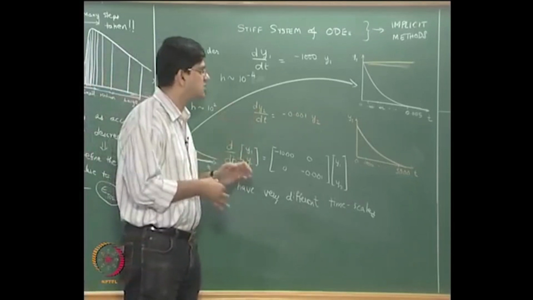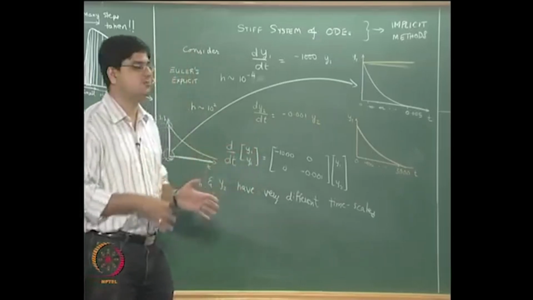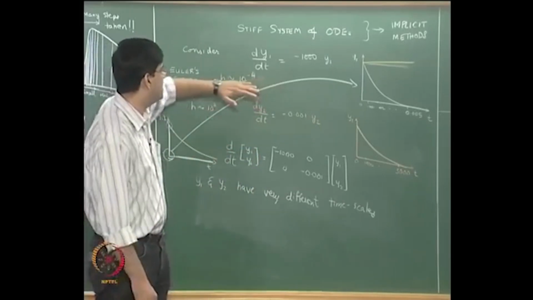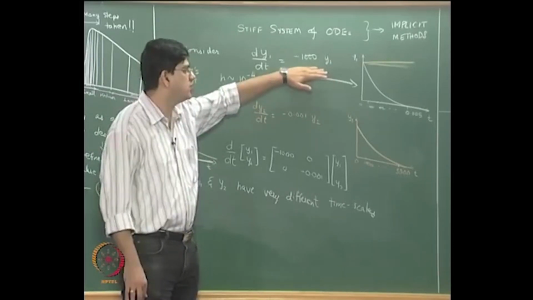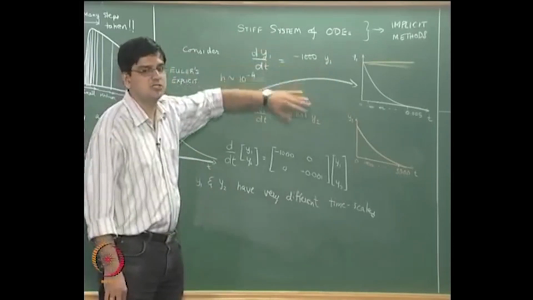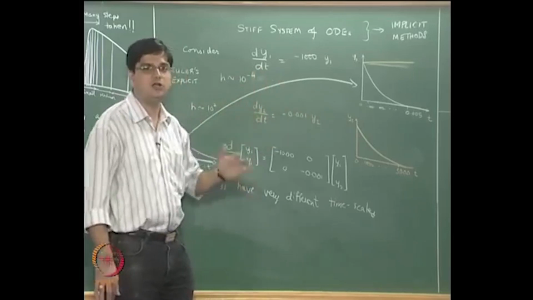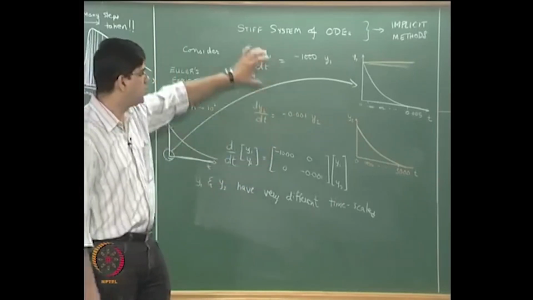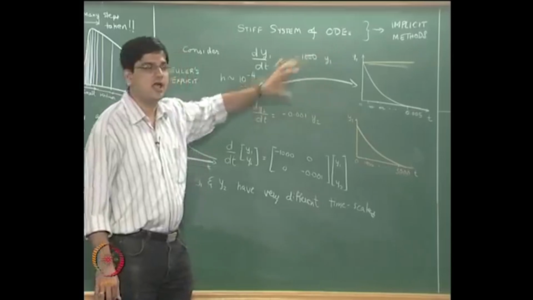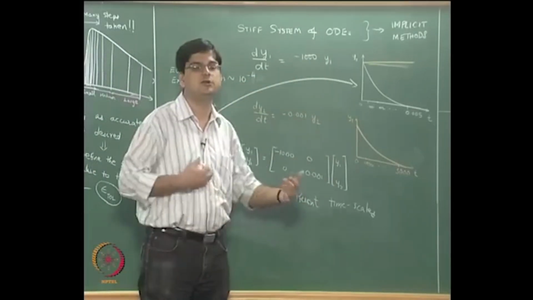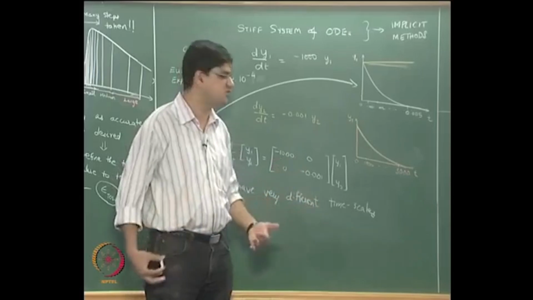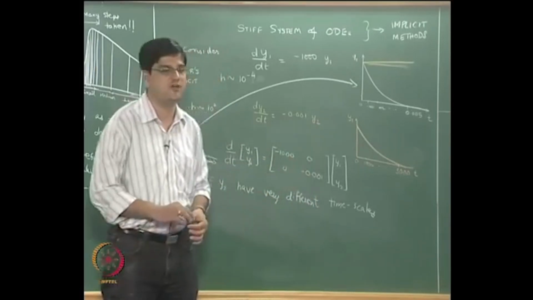The reason we cannot use an explicit method is that for h greater than 10 to the power minus 3 or 2 into 10 to the power minus 3, this equation is going to go unstable. So we cannot use a larger step size, and if we take a smaller step size as governed by this equation, we are going to take a very large number of steps in order to reach the final value.